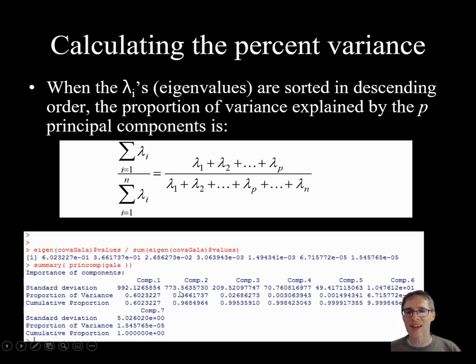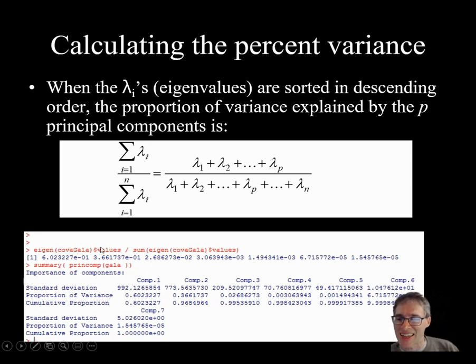A way that you can calculate this cumulative proportion very quickly without having to uncompress the data is this: if you take the first eigenvalue, associated with the eigenvector, and divide it by the sum of all of the eigenvalues, that number is equal to the proportion explained by the first component. And if you take the first two, you get the percent of the data that's explained by the first two components.